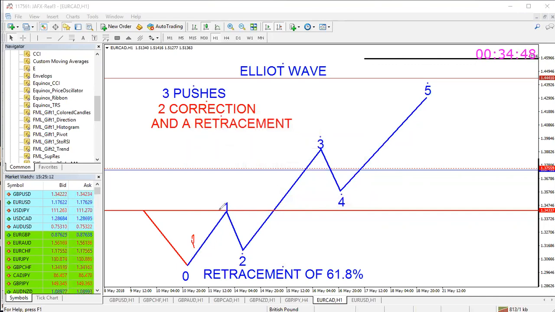You have to run, rest, run, rest, run, rest. So it moved from 0 to 1, and when you get to this point, it has to take a rest. This point is now forming a resistance, so it's finding it difficult to break this point. So you put a line of resistance right here. So what happened? It rested.